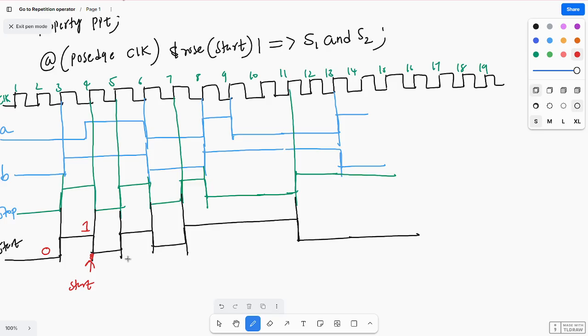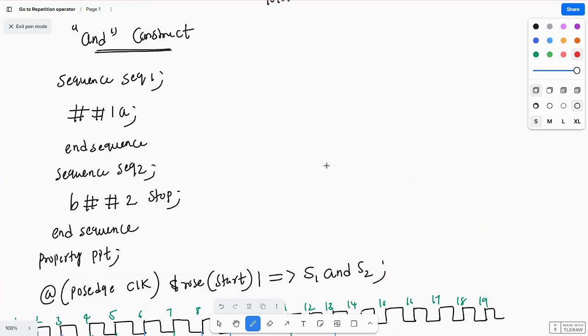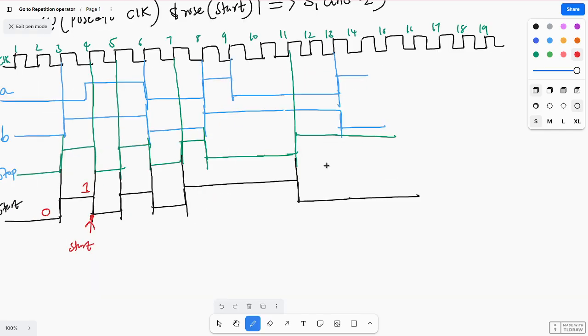If you see S1, what is S1? It should be 1 after one cycle. So here this is dollar rose. From here S1 and S2 both are checking.